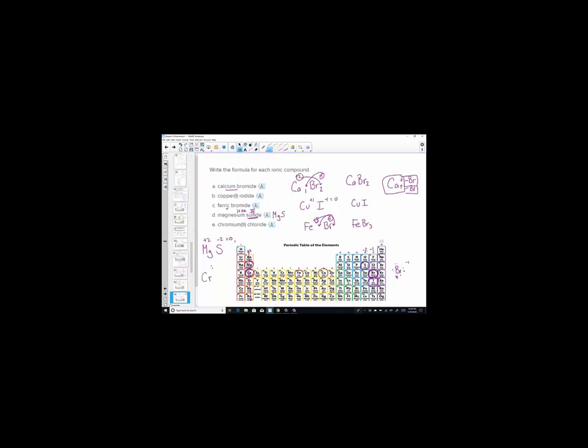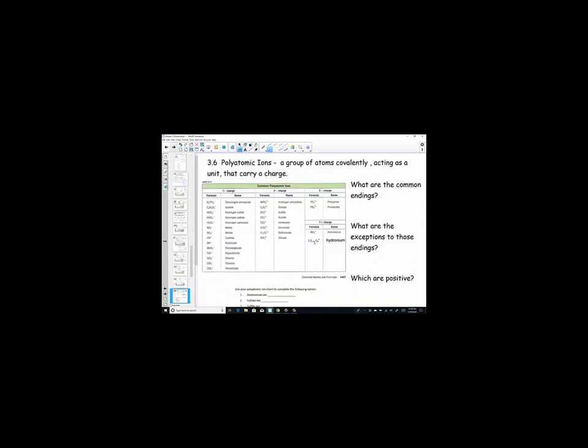Chromium, +2, and chloride, -1, and we have a +2 -1, bring those charges around and down, CrCl2, chromium 2 chloride. Remember, repetition over and over and over for drill work, and we'll have these.